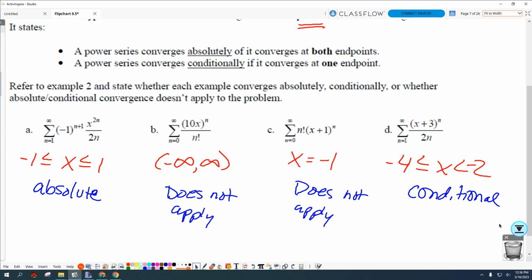This one, pick any x you want, it's going to converge everywhere. It doesn't really apply to call it absolute or conditional. The third one also only works at a specific value. That would not be called conditional either. But the last one worked in one place, didn't in the other, mix and match. That one's going to be a conditional.